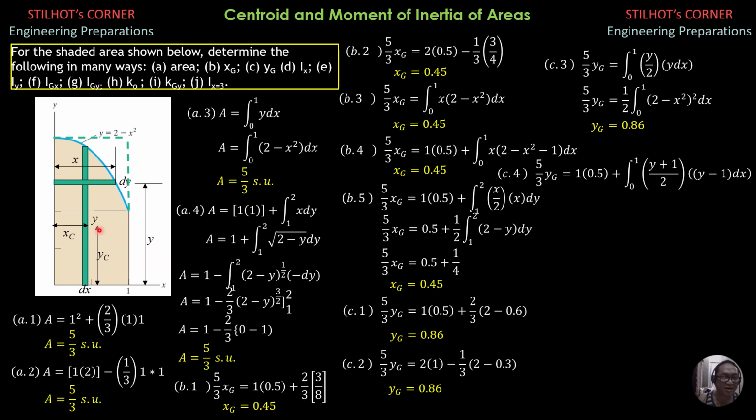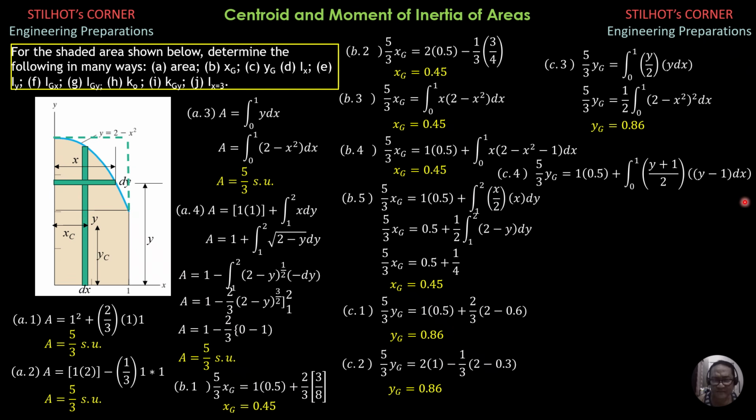That's the yc of the vertical strip for this part only, up to the top of the square. So (y plus 1) over 2, the average, 1/2 of y plus lower y, which is 1. Then the quantity: height of strip y minus 1, thickness of strip dx.